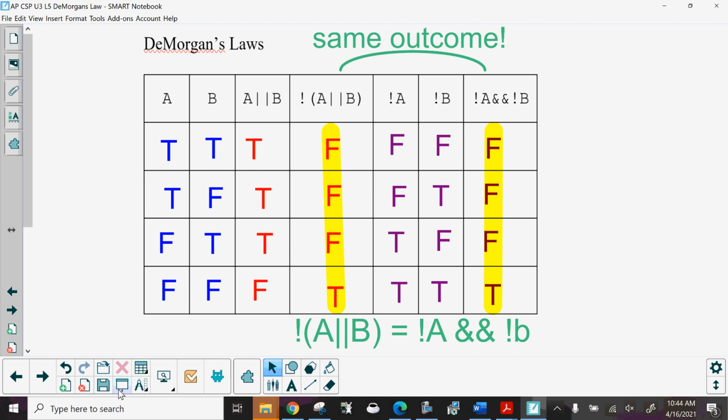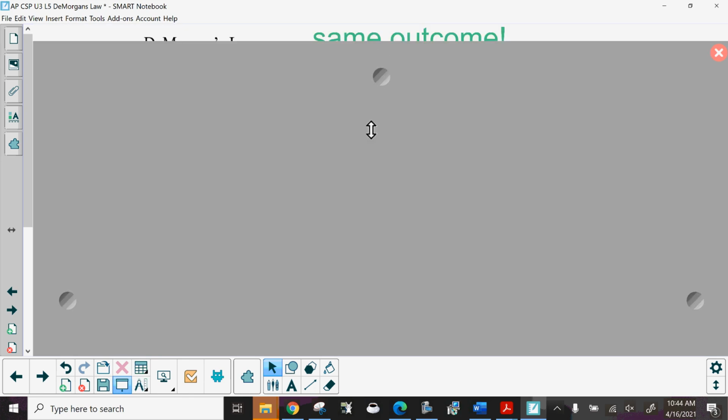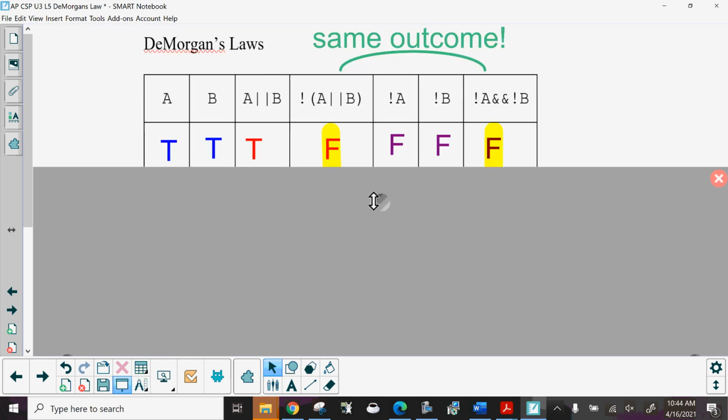So, if A is true and B is true, then A or B is true, and not (A or B) would then be false, because not true is false. Then, not A is false, and not B is false.